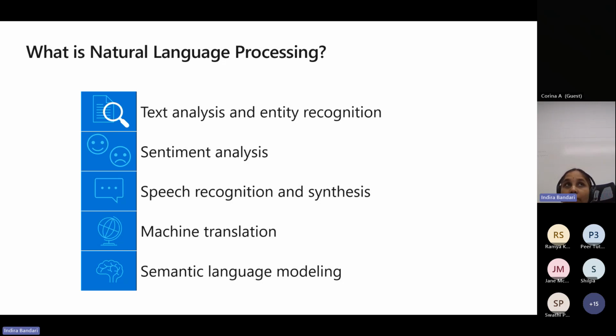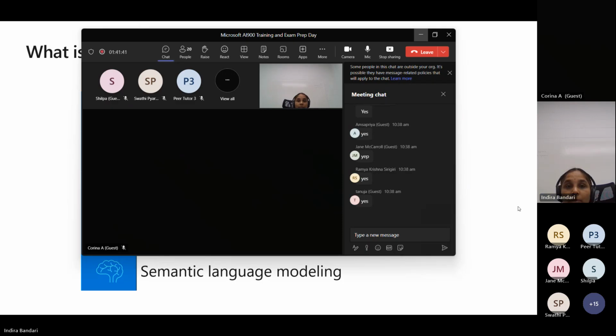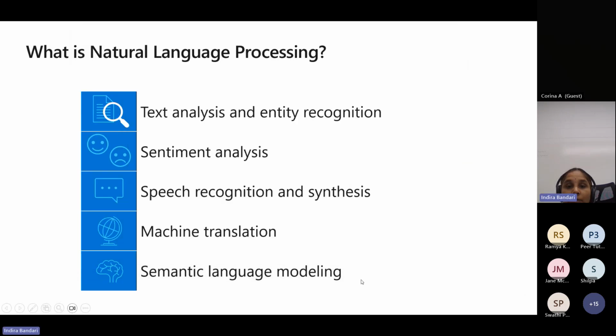So that's where semantic language modeling is used. Any questions so far, or have you understood? Okay, no response is good.